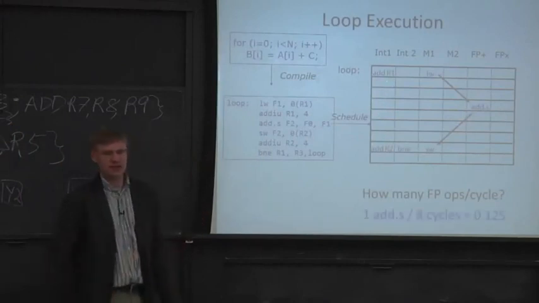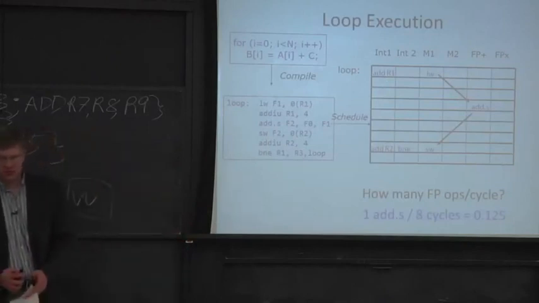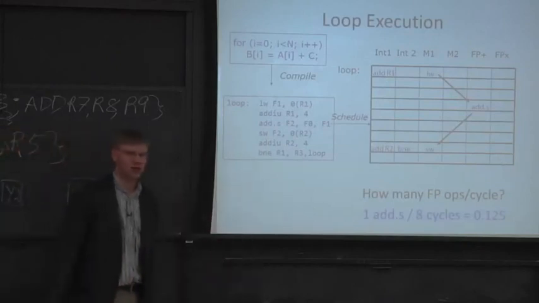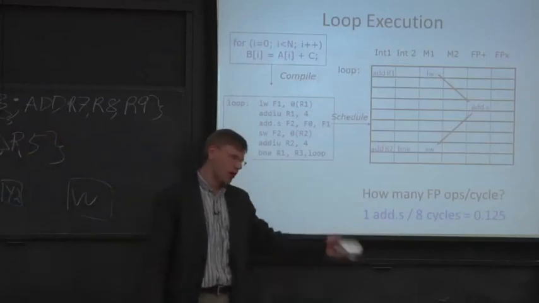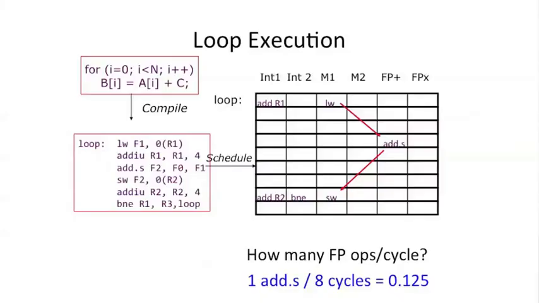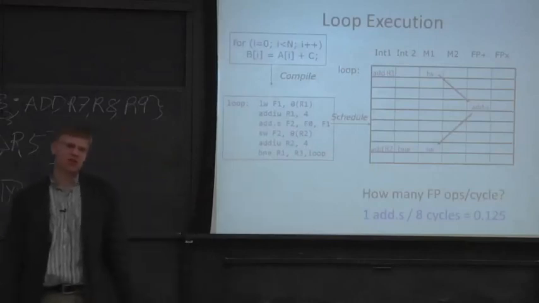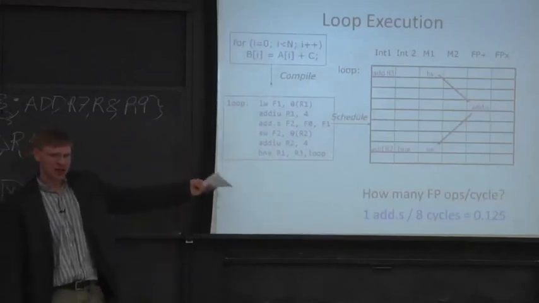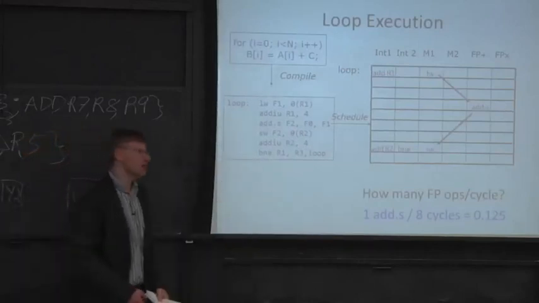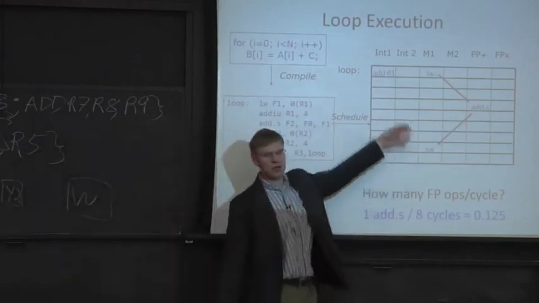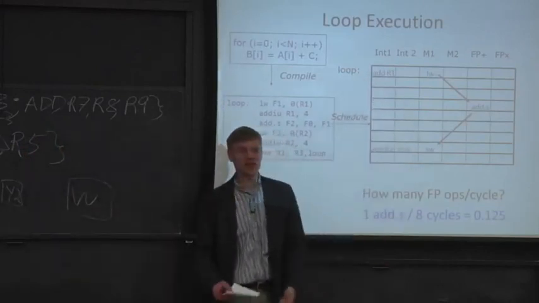So we're having 0.125 floating point operations per cycle. It's not that great. We do have some parallelism. We're executing 3 instructions here. It's better than nothing, but we're not really using the machine very well. Our out-of-order superscalar would probably try to take instructions that are below here, maybe intermix them, try to reorder a bunch of things, and try to run faster.